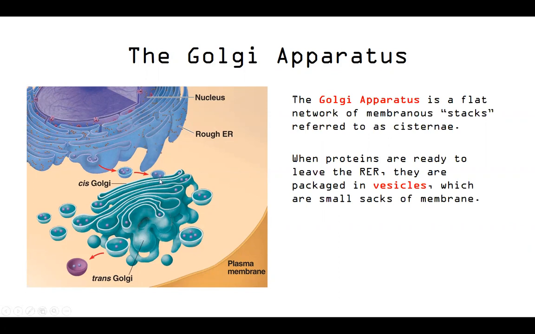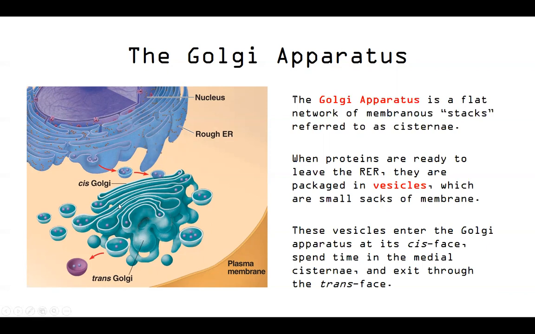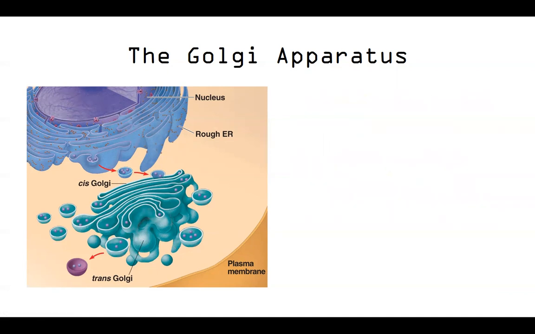These vesicles enter the cis face of our Golgi apparatus. Once they enter, they're modified, sorted, picked out where they need to go, and a new vesicle will leave at some point through the trans face, maybe even one of these later medial faces of the Golgi. Generally that's how we're going to be rolling through the Golgi apparatus.